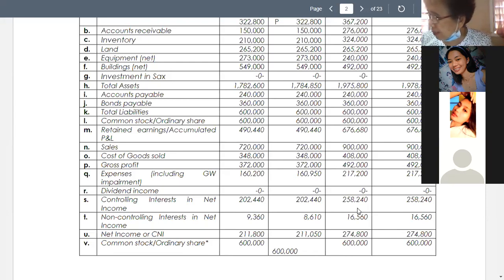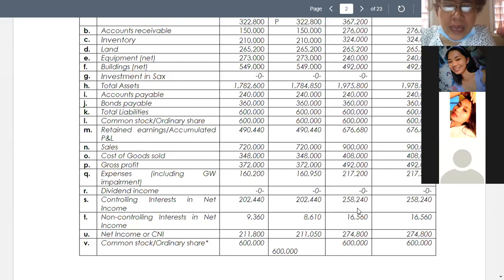That is how we found 9,360. And we have the consolidated net income of 211,800. You can simply add the controlling interest net income, 202,440 and 9,360. You get 211,800. But in the solution, we are given the process in determining the consolidated net income.